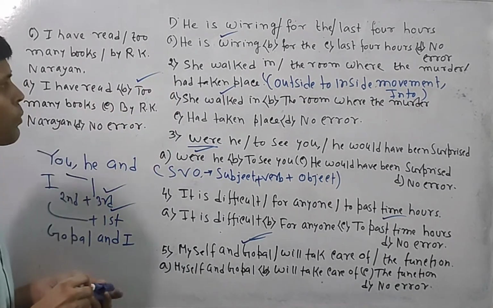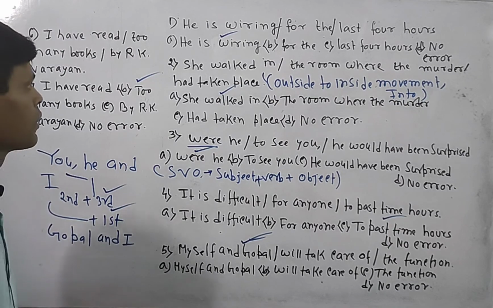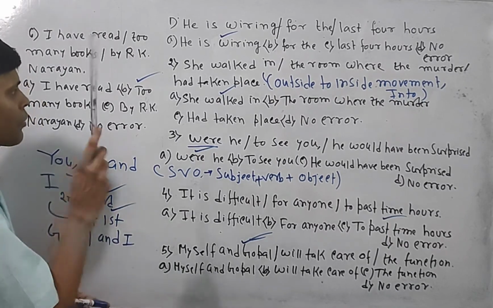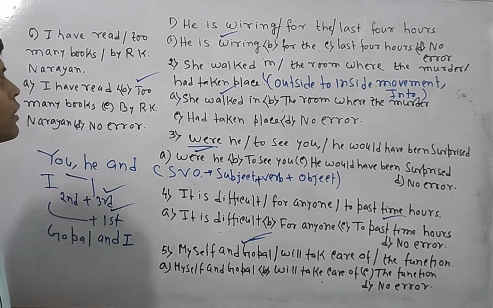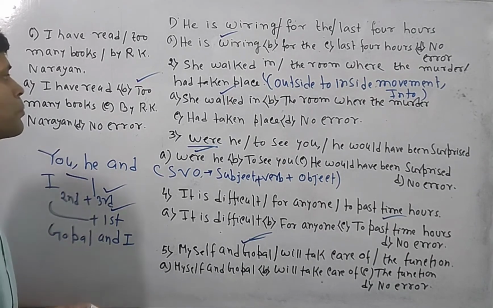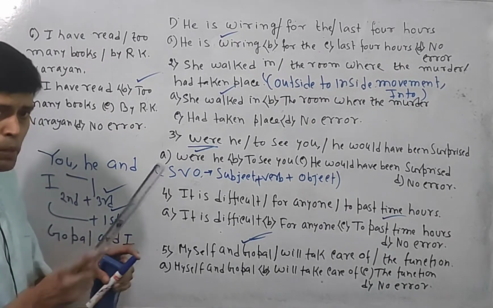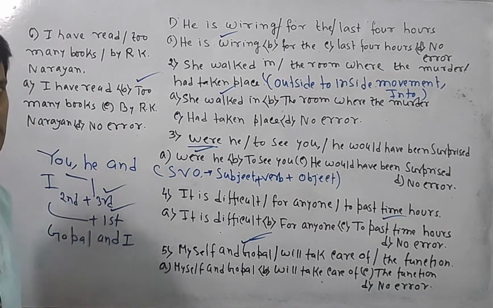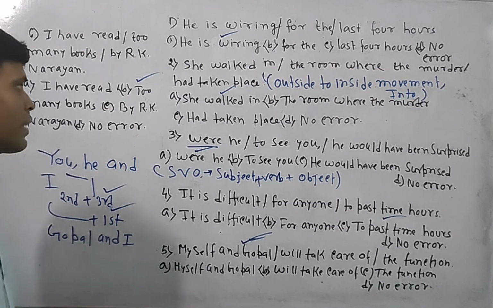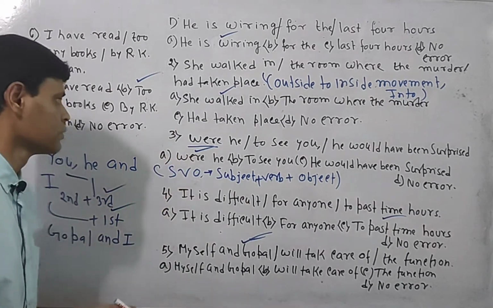Now if I just look over the overall questions of the session: in the first question, the sentence must be in the present perfect continuous tense, but it is in the present continuous tense. In the second question, some movement is there from outside to inside, so automatically "into" should be there, but here "in" is there.